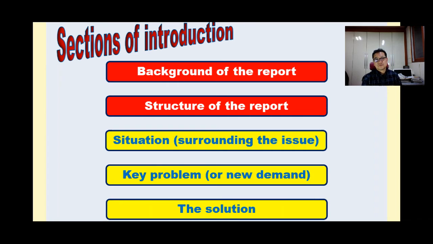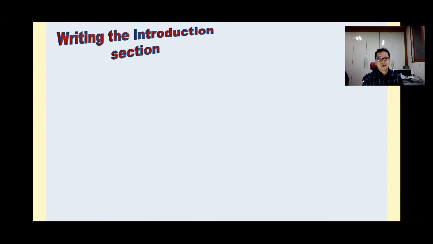Finally, the solution, right? In many cases, the investigation and the resulting report are pursued in order to find the solution for the problem. But today we're going to focus on explaining the background of the report and the structure of the report.